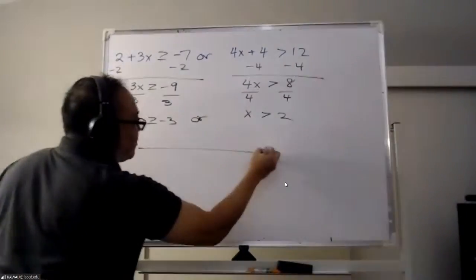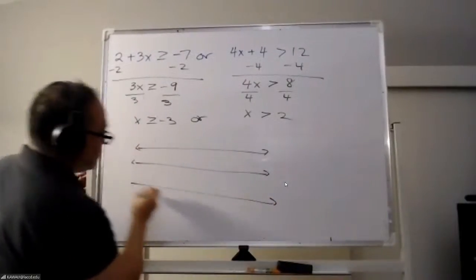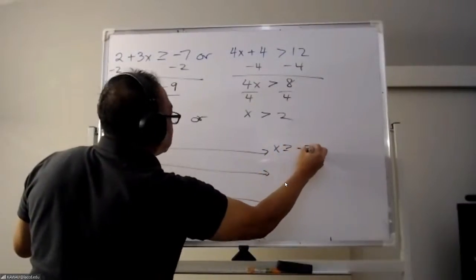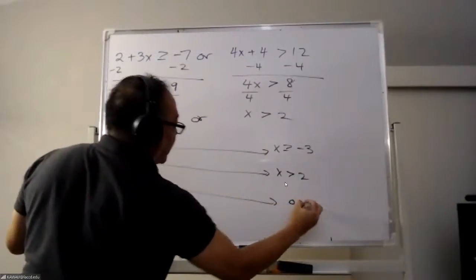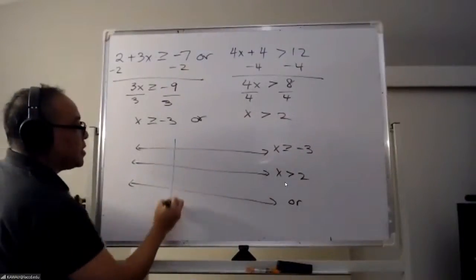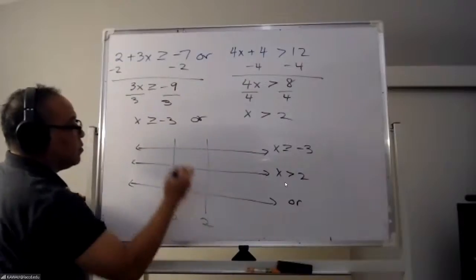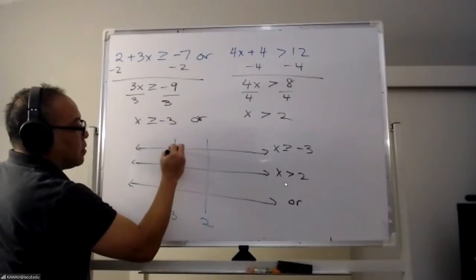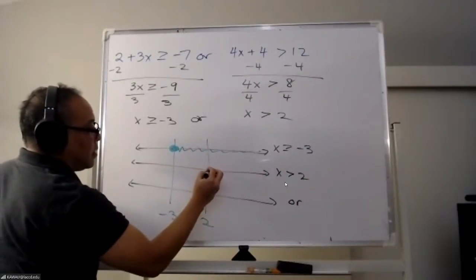So once I've simplified both sides separately, and then we get 4 like this, right? So let's pop this in here, and we'll go, this is -3. This is 2. So then we're going to go from here, and then here.